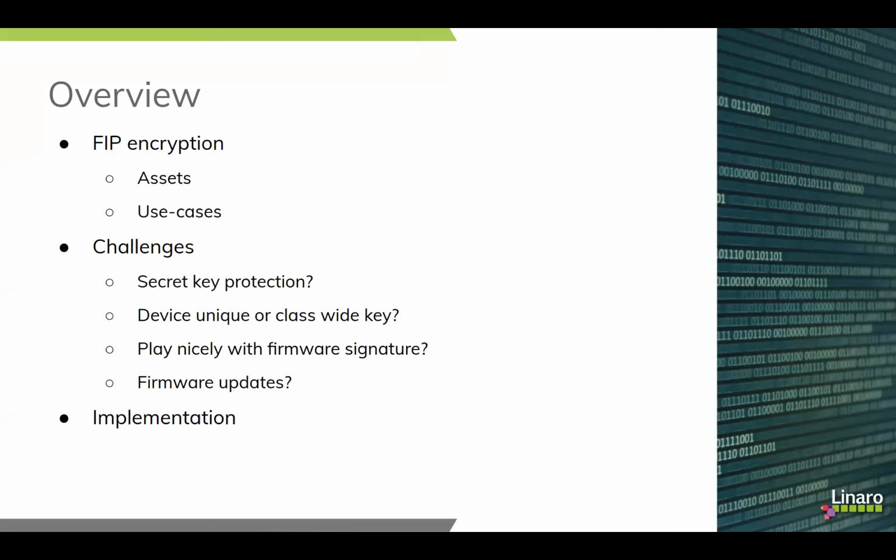Secondly, we will discuss the implementation challenges when we try to implement this feature, such as secret key protection, how we manage the keys, whether it being a device unique key or a class-wide common key, and what happens when encryption and firmware signature come together. And lastly, how encryption could impact firmware update. The final section will discuss the implementation details as it's currently present in TFA upstream.